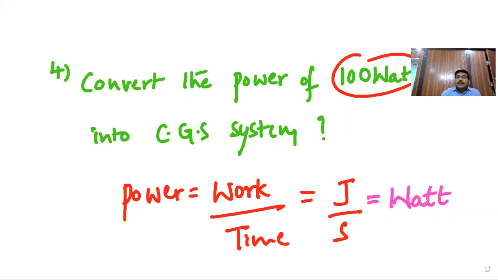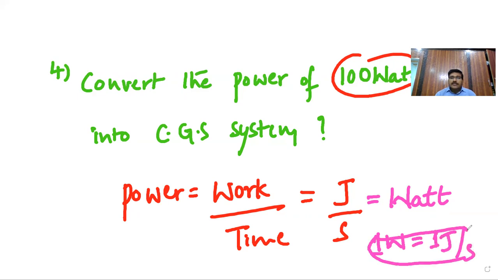So that means 1 watt is equal to 1 joule per second. Clear? So I write clearly 1 watt, capital W, is equal to 1 joule per second. Have the clarity in this case.